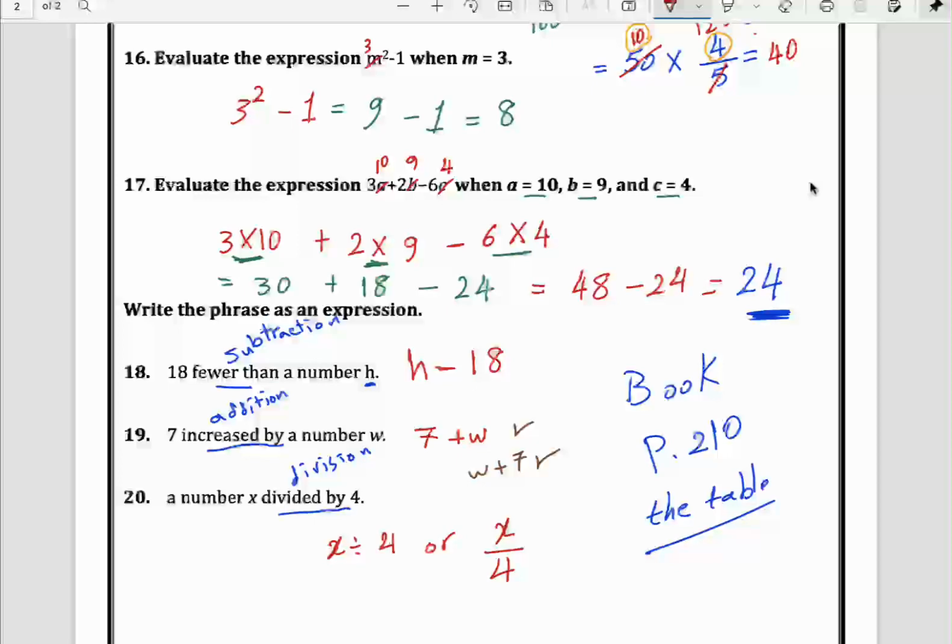Any number. What are the words that you say, fewer, increased, divide? Page 210 in the book. Okay, like fewer than.